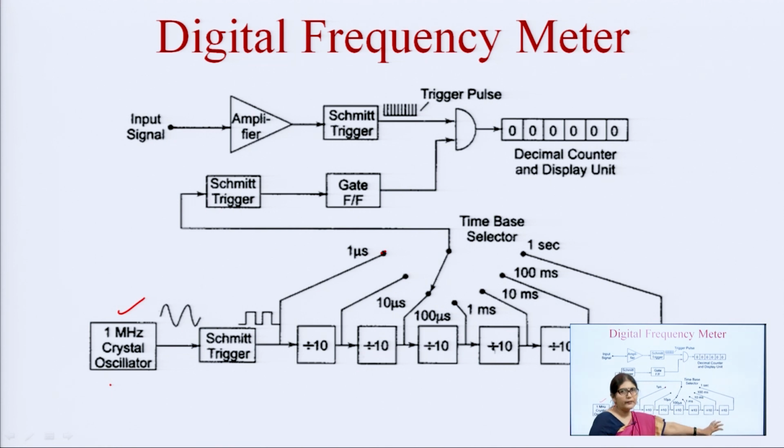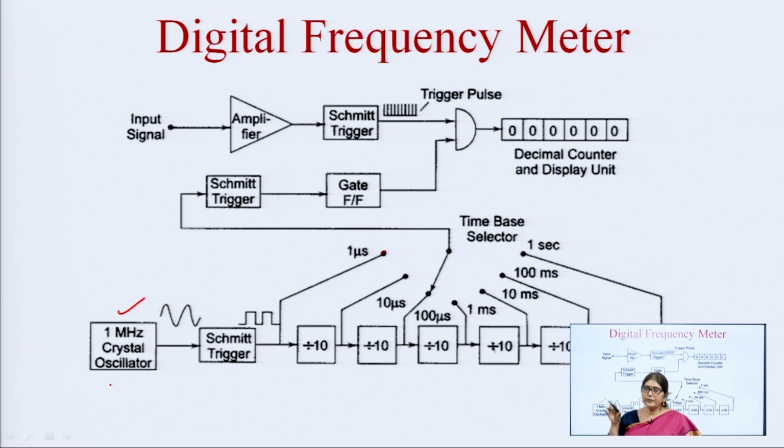So, these are the decade counters, and then we can select the time period as per the requirement of the input signal. Then the input signal is applied to the Schmitt trigger circuit. The input signal may be of any form, and when we want to count the number of pulses, we have to convert it using a Schmitt trigger. If amplification is required, the signal is amplified.